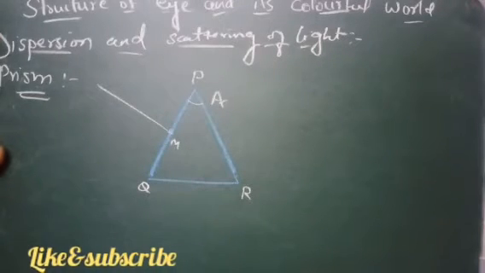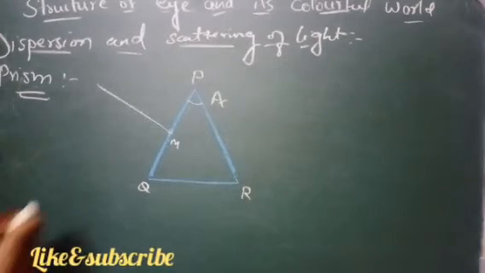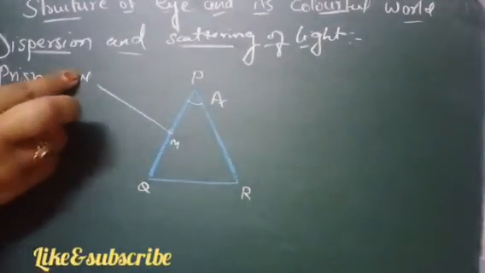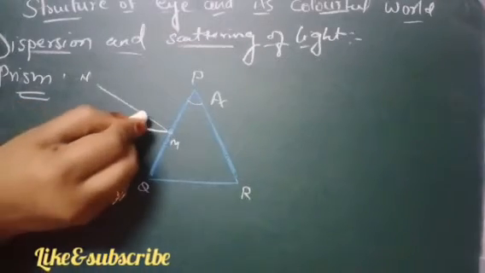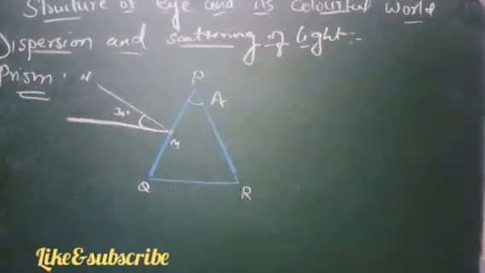Then we will draw a line at 30 degrees to the normal. This is your normal at M, and we will draw a line which is 30 degrees to this normal. So this will be the angle of incidence, right?